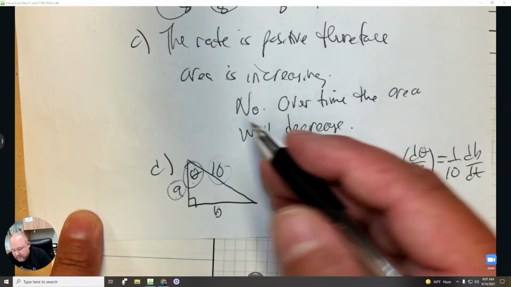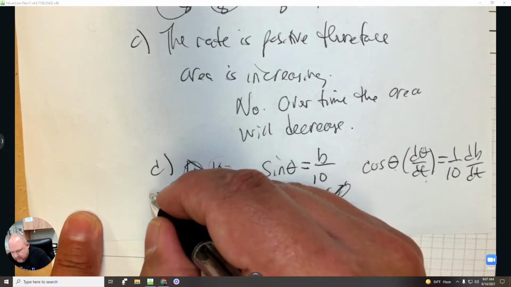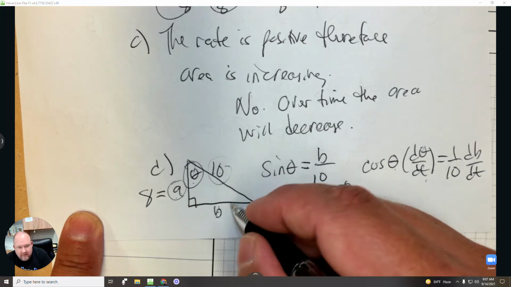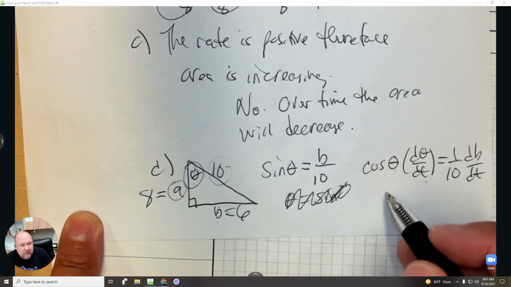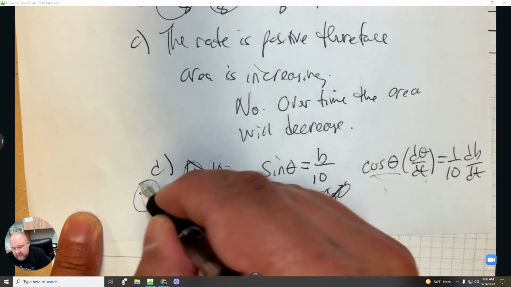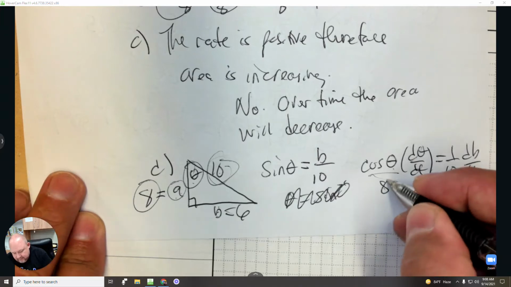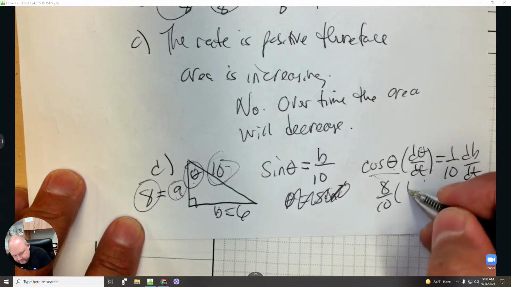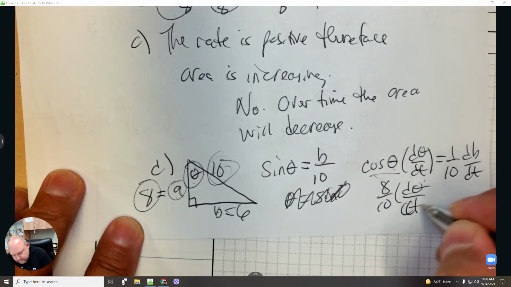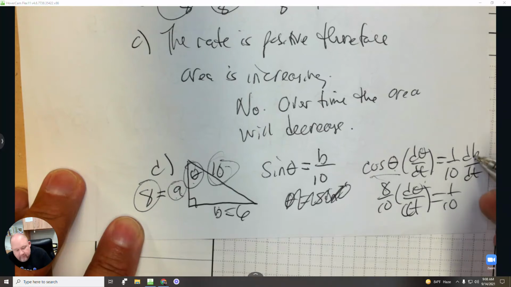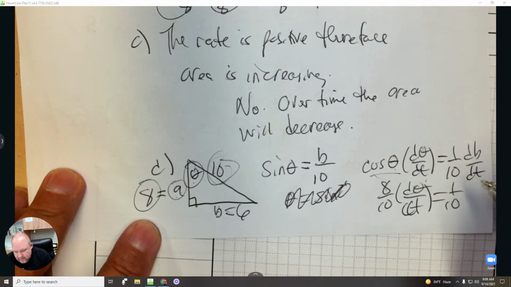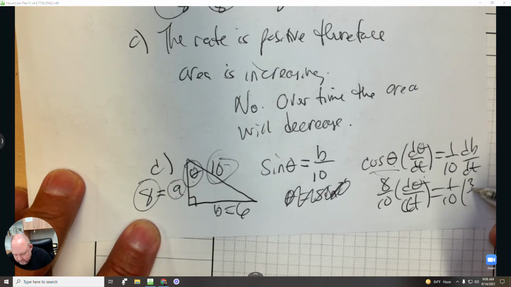We know what A is. So this value here is 8. And this is 6. So cosine theta is adjacent over hypotenuse. That's 8 over 10. And dB by dt is 1.5, or 3 over 2.